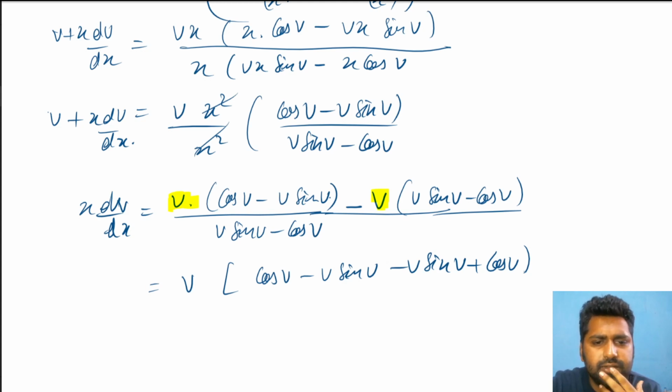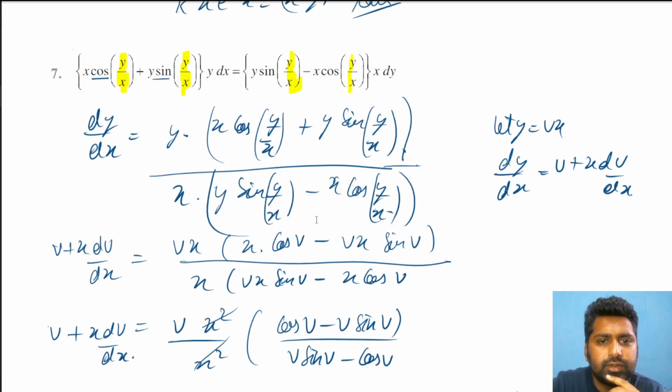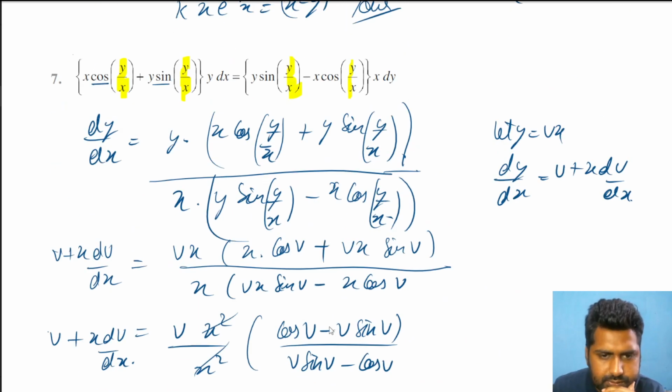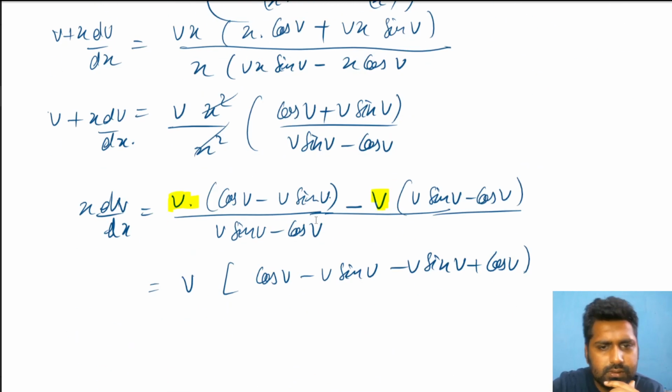v sin v, v sin v minus cos v, v sin v minus cos v, cos v minus, this was not minus, this was plus. Something should be cancelled now.